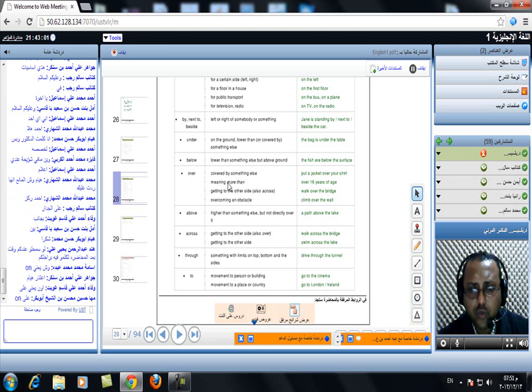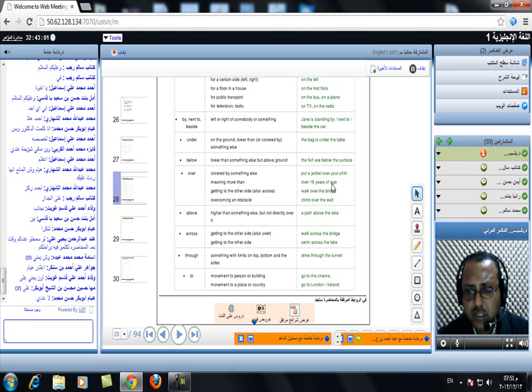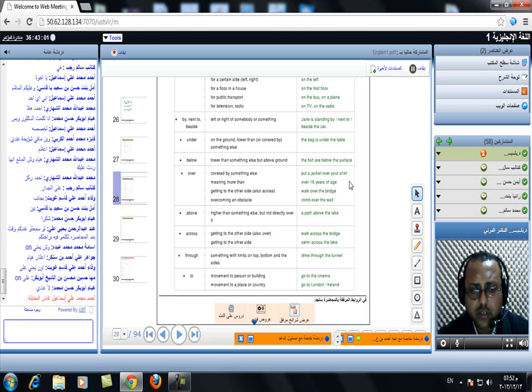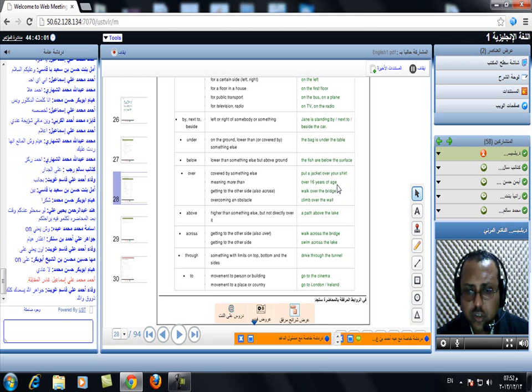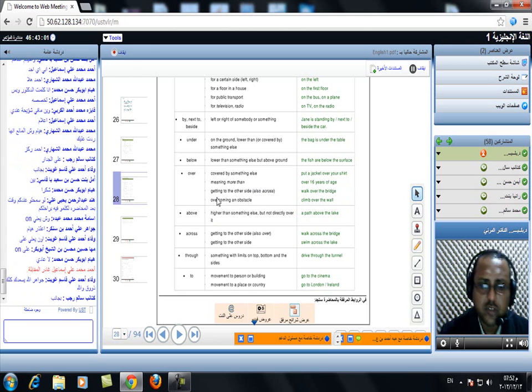Over is used to express something which is covered by something else. Put the jacket over your shirt. It also means more than, over 16 years of age.